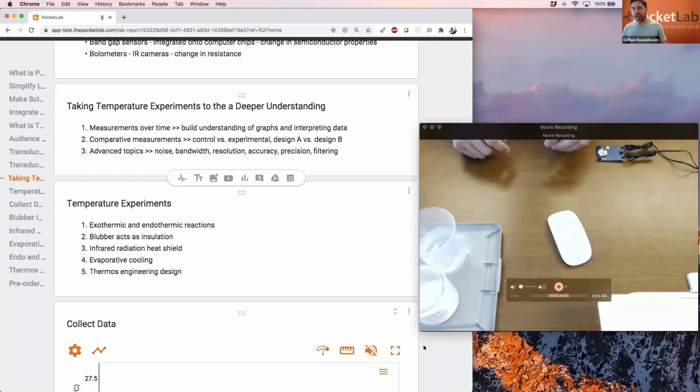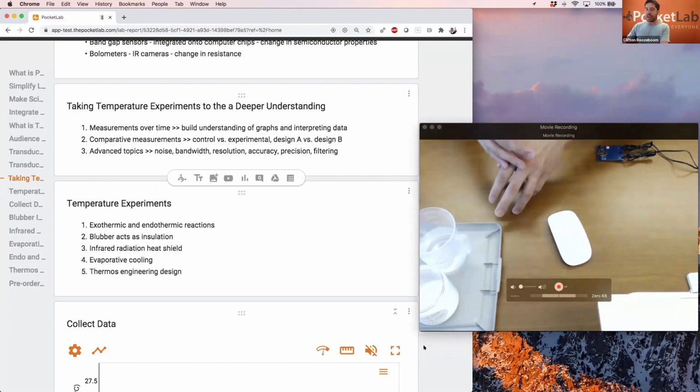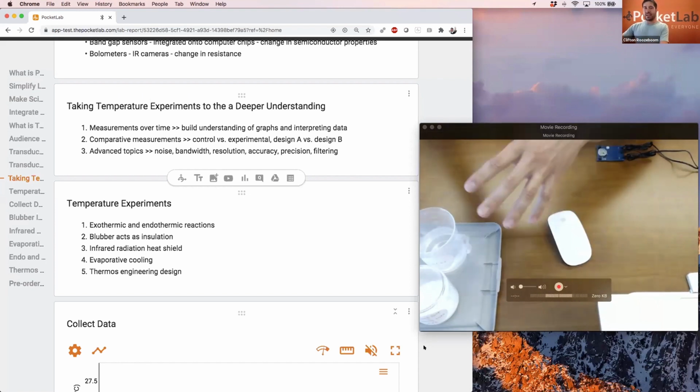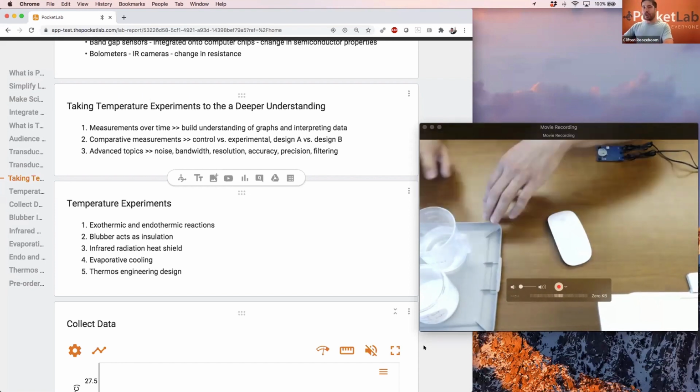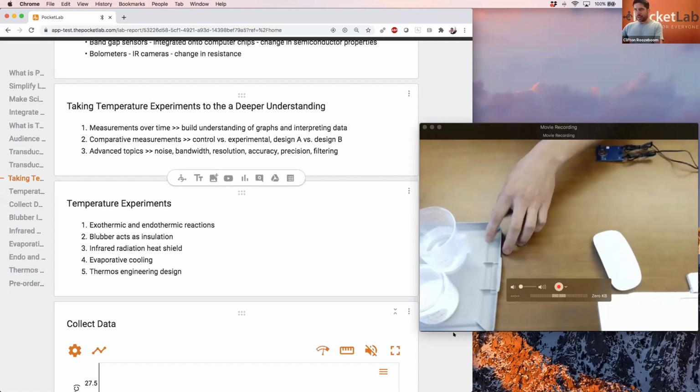We'll do it here. And one note is, temperature changes have a time constant. They don't happen instantaneously. So we might not get to the endpoint on some of these experiments, but we have example data. And all of this will be accessible via link after the conference. So you can go in and play around with this data that we've collected right here.